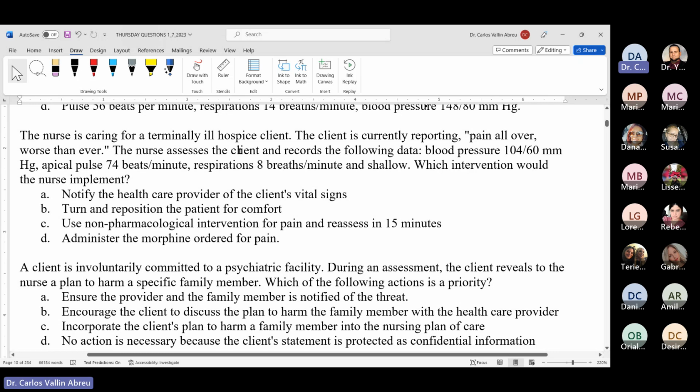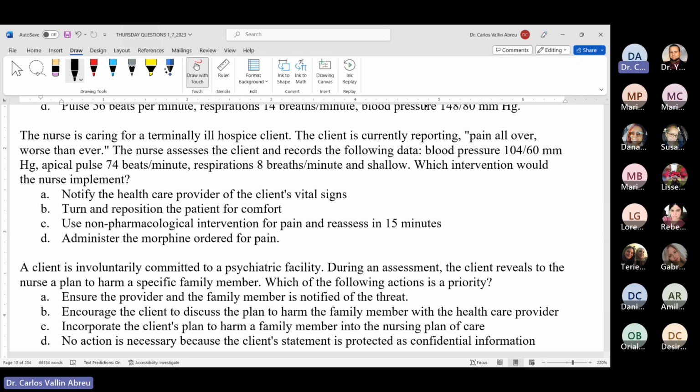The nurse assesses the client and records the following data: blood pressure 104/60, apical pulse 74, respirations 8 and shallow. Which intervention should the nurse implement? Notify the healthcare provider of the client's signs. Call the doctor. Pass the book.